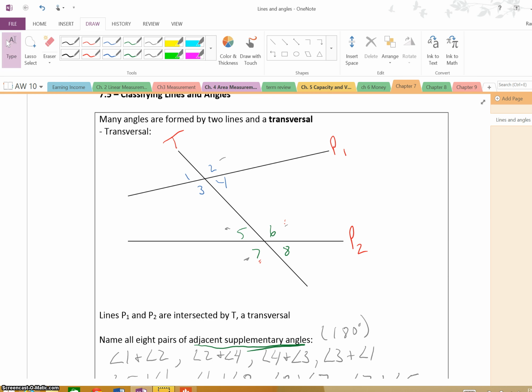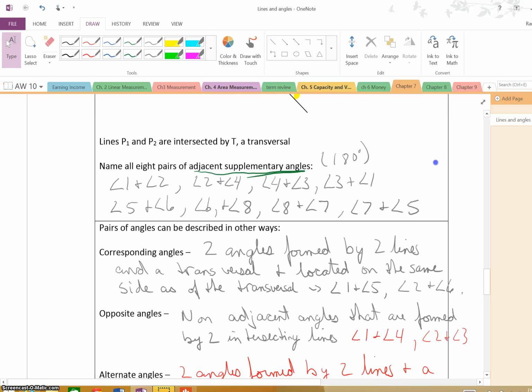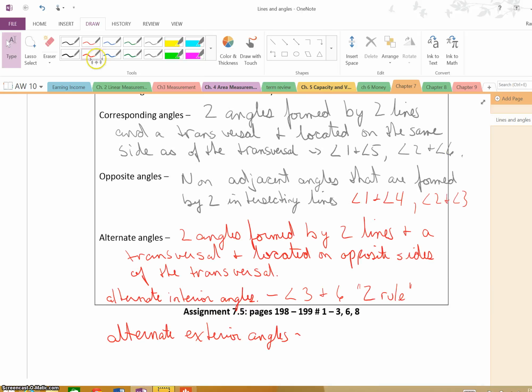So if I draw my Z again, that's on the outside and that's on the outside. So those are opposite. Those are alternate exterior angles, angles 1 and 8. So that's outside of the Z.